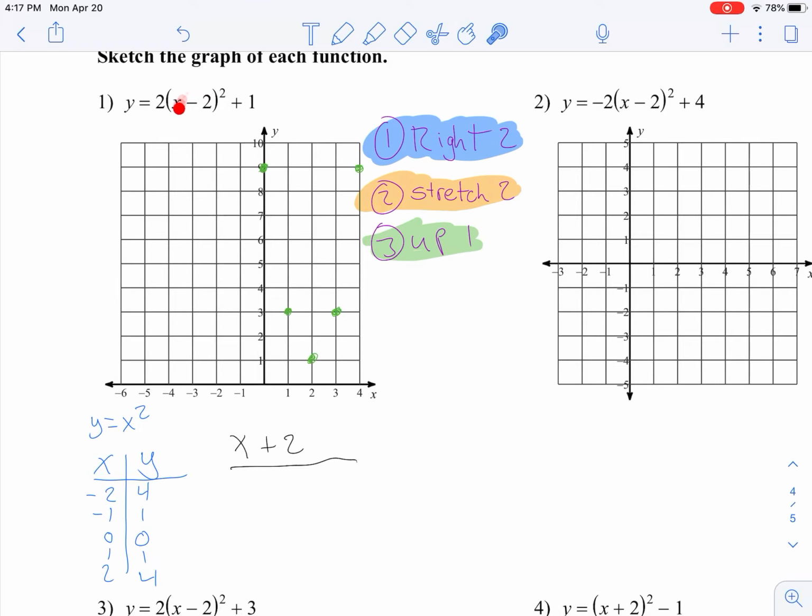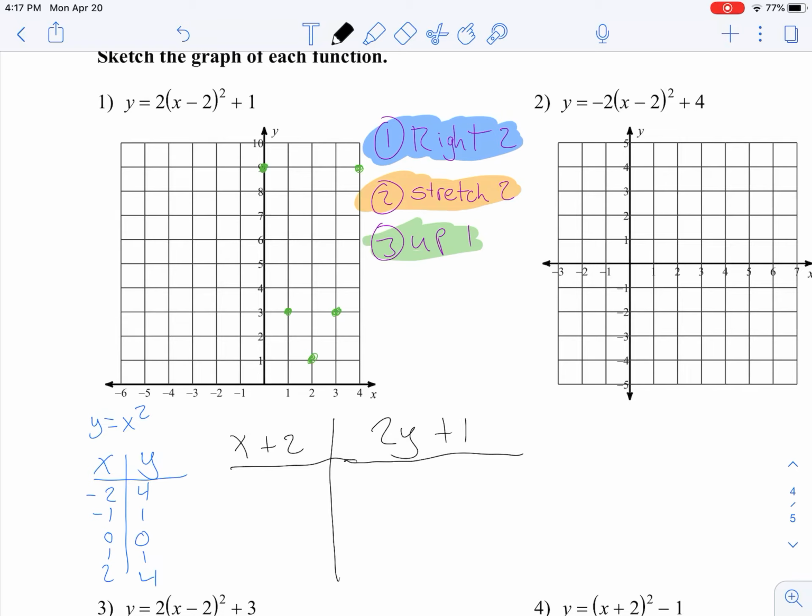I got that from the opposite of whatever is inside with x right now. So x plus 2. My y value is being stretched by 2, which means we're multiplying y by 2, so 2 times y. And then we're moving up 1, so plus 1.